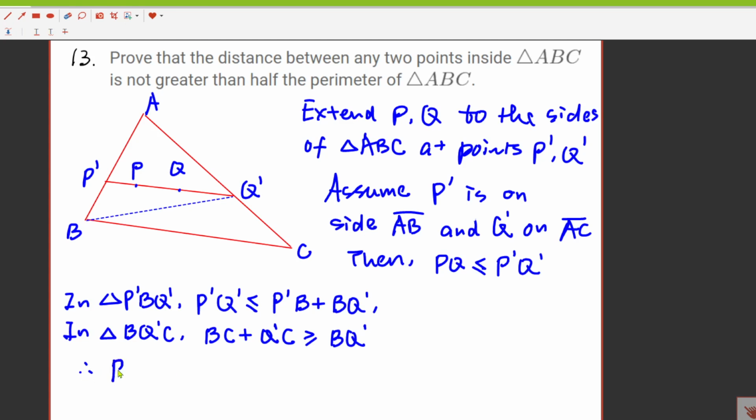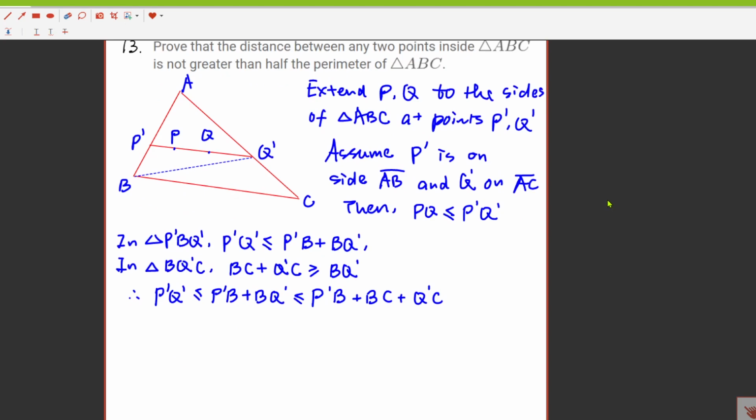And therefore we have P prime Q prime is less than or equal to P prime B plus B Q prime, which is less than or equal to P prime B plus BC plus Q prime C, right? Can you follow me?